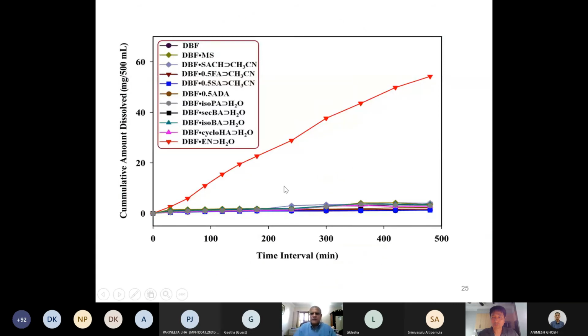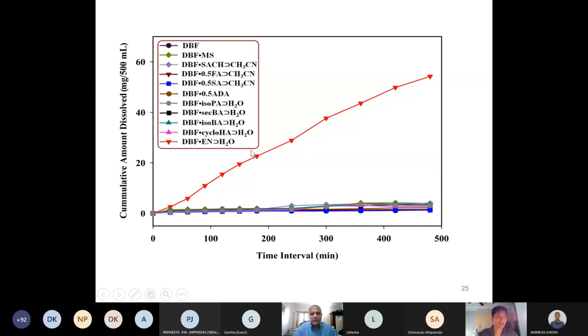So this is the dissolution rate, which shows the ethylene diamine salt very similar to the previous case of etodolac, where the maximum solubility and dissolution was for the isopropylamine salt.